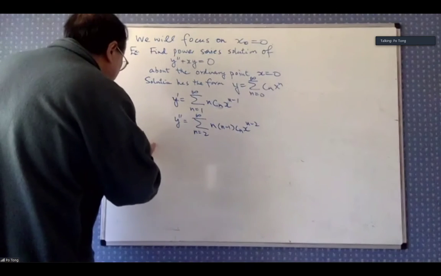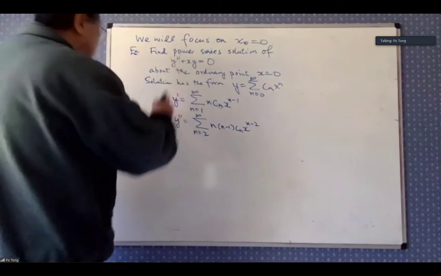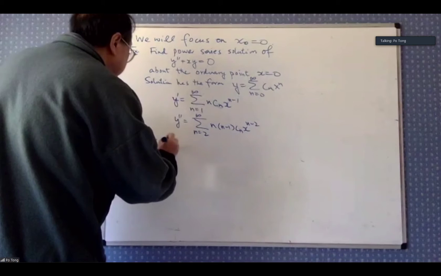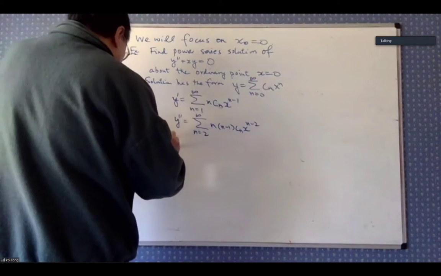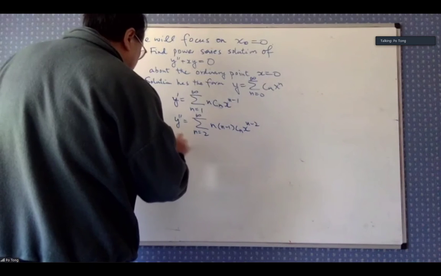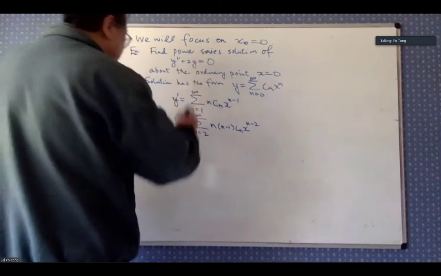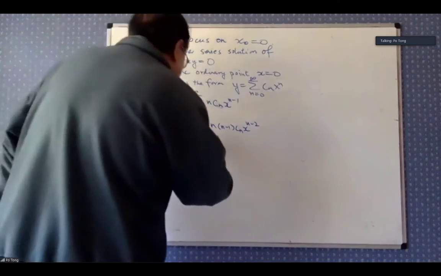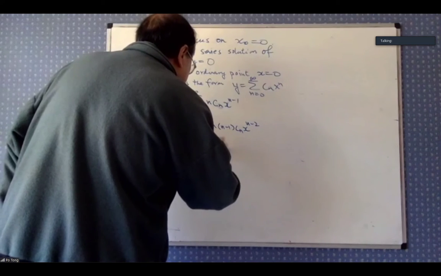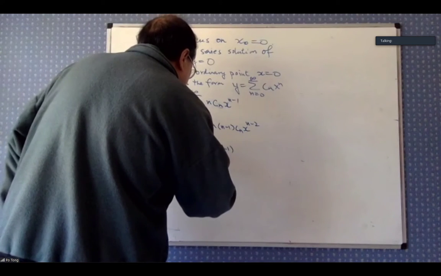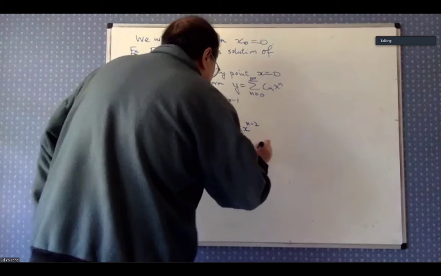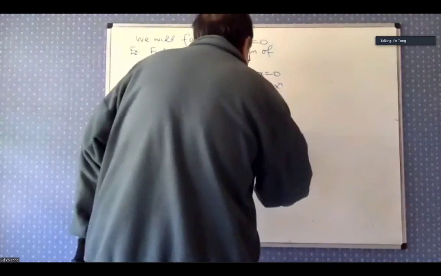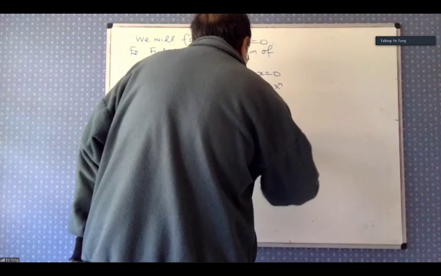So y double prime plus x times y equal to 0, right? That's what you say. So what does that mean? That means this guy plus x times y.